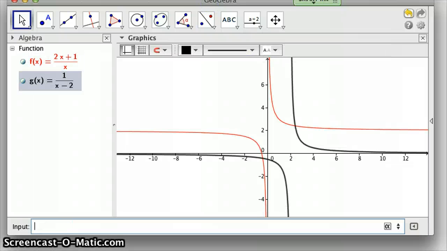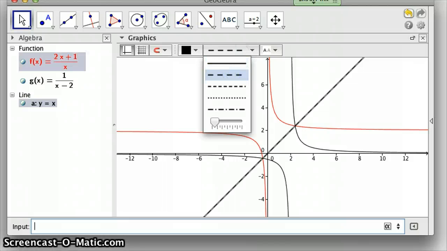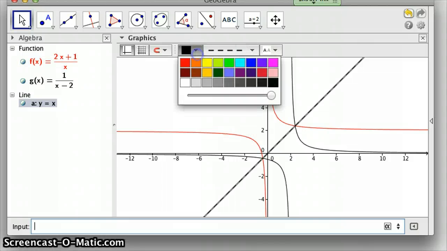Aha, there it is. It's kind of tough to see the y equals x here, but let's see if we can do that. So y equals x, the symmetry of that. Well, there it is. Maybe make that dotted, make it a blue line so it sticks out really nicely.